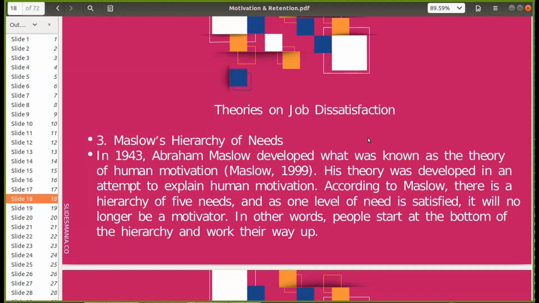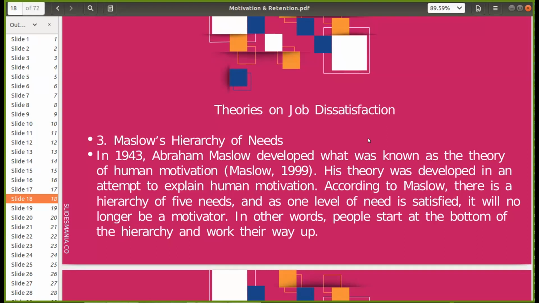So according sa theory ni Maslow, meron tayong hierarchy of 5 needs. And in the context of HR, as one level of need is satisfied, it will no longer be a motivator. Okay, so pag nasatisfy na isang need, meron tayong 5.